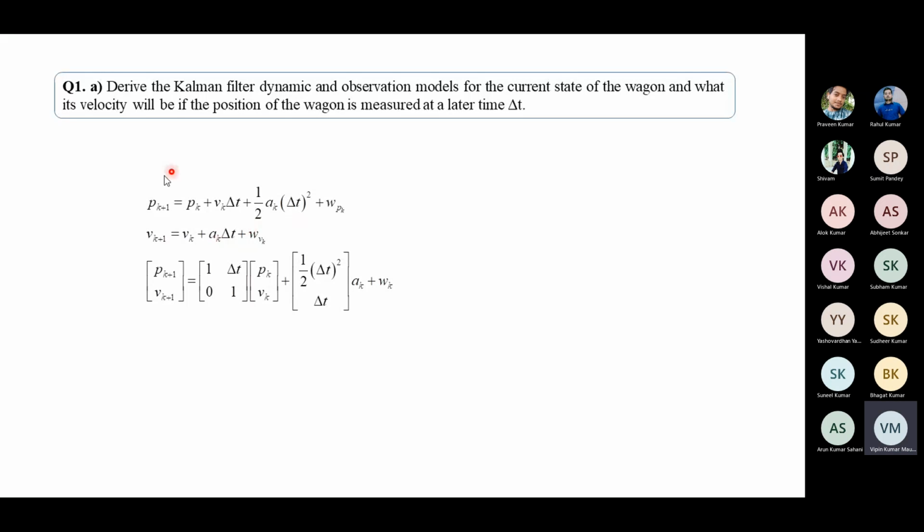So if you write it in a simple matrix equation, how can you write it? Pk plus 1, vk plus 1 equals the matrix 1 delta t, and for this case there is no p in the velocity equation, so 0, and for vk the coefficient is 1. Plus, for ak it is half delta t square, and delta t, plus wk. Is it clear to everyone?